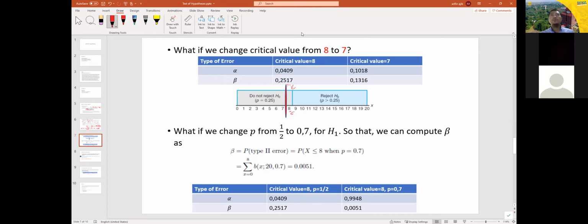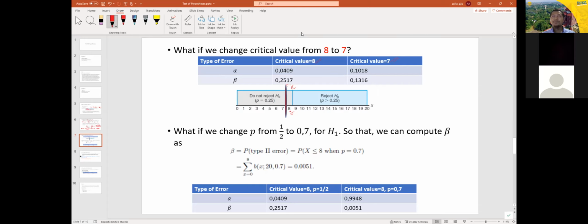And then what happened with the type alpha and beta? This is the previous condition when the critical value is 8, and this is when the critical value is 7. You can see here what happened to alpha. For the alpha, the error increased. But for the beta, the error decreased.